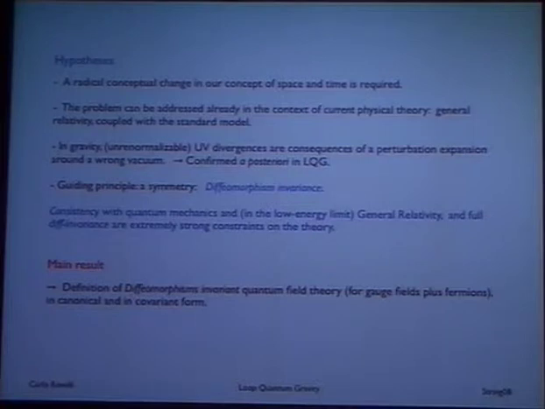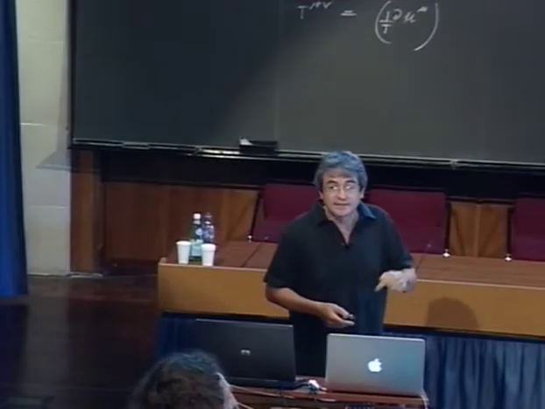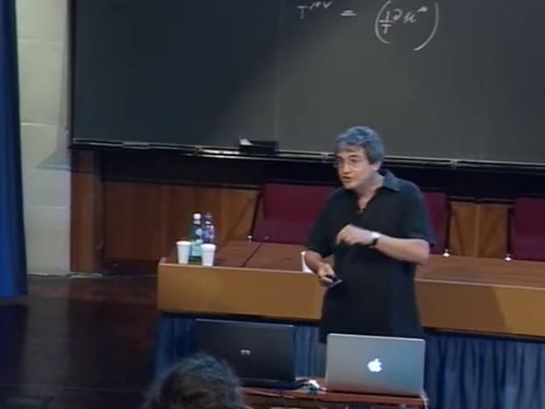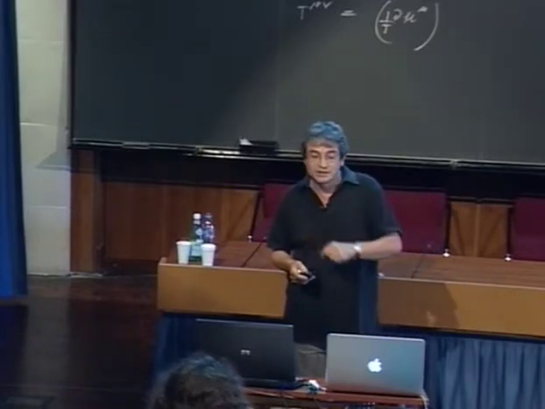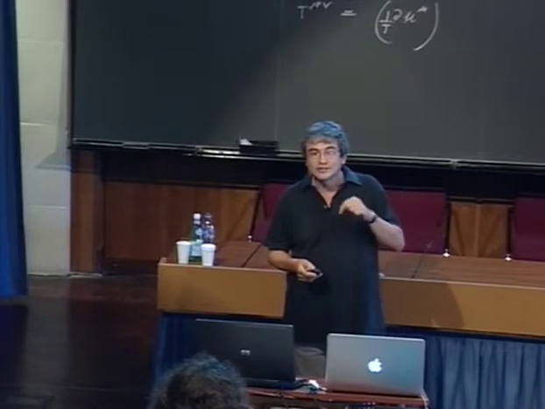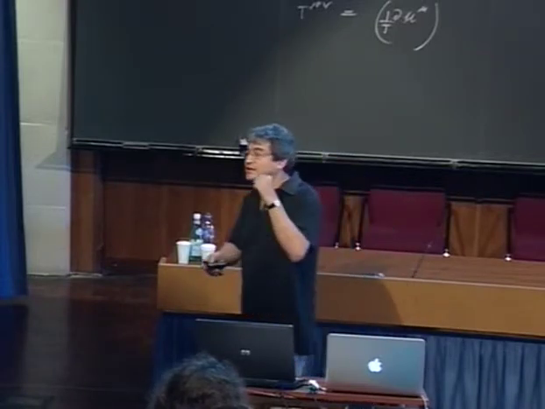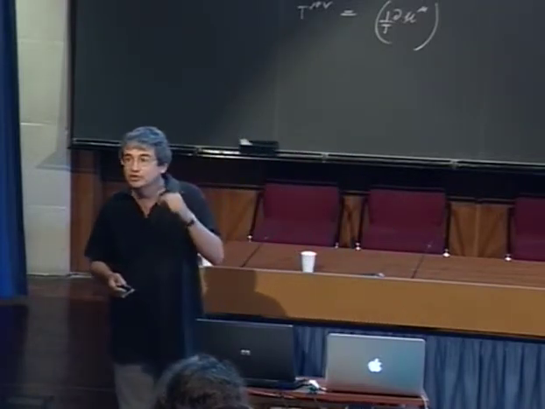The perturbation around a smooth solution is wrong because it is a wrong vacuum, and it introduces in the theory some extra degrees of freedom which are not there at high energy. And this, I will show, is confirmed a posteriori within the loop approach, where one sees that, in some sense, trans-Planckian degrees of freedom are not there in the non-perturbative theory.